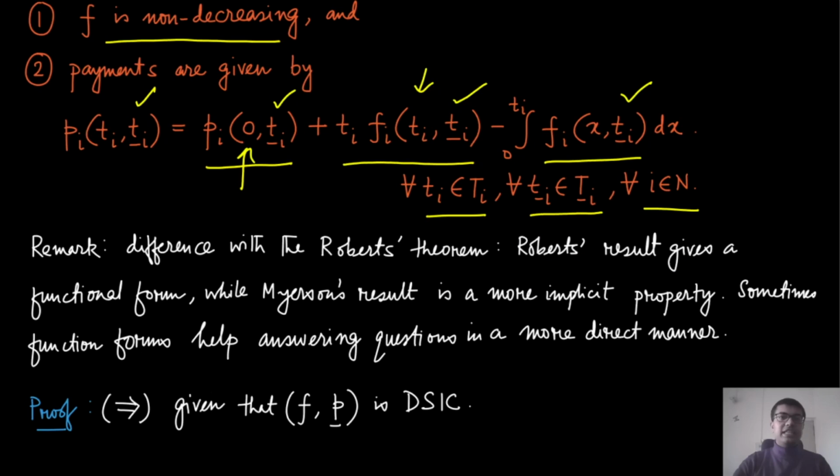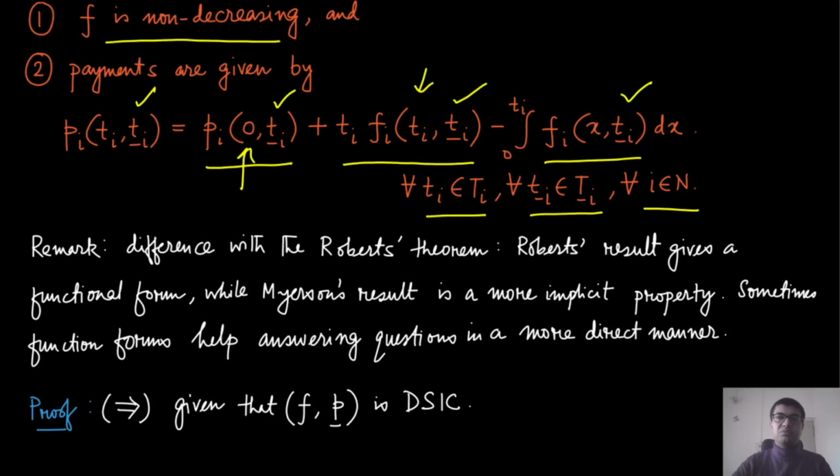Now it's very natural to ask a question. We have seen a very similar result in the context of quasi-linear domains called Roberts' theorem, which says that if you have an unrestricted valuation domain, then the allocation rule that you can implement is an affine maximizer. The first difference is that was a deterministic result.